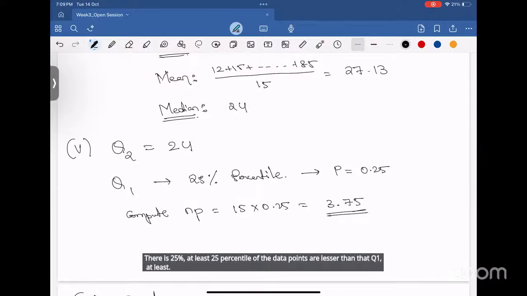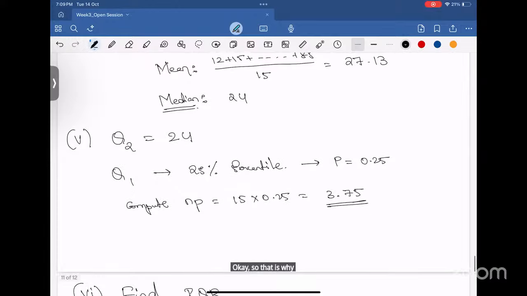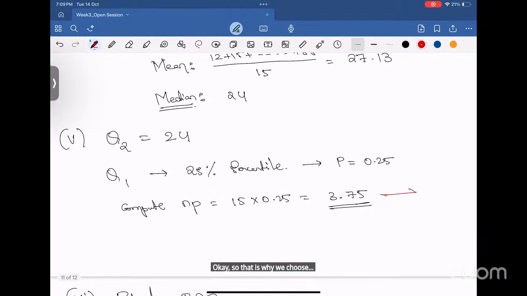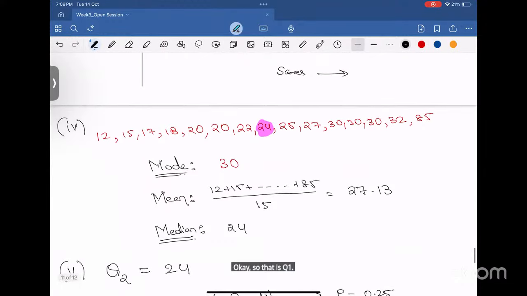That is why we choose the next observation, the fourth data point, as Q1. So that is Q1, which is 18.